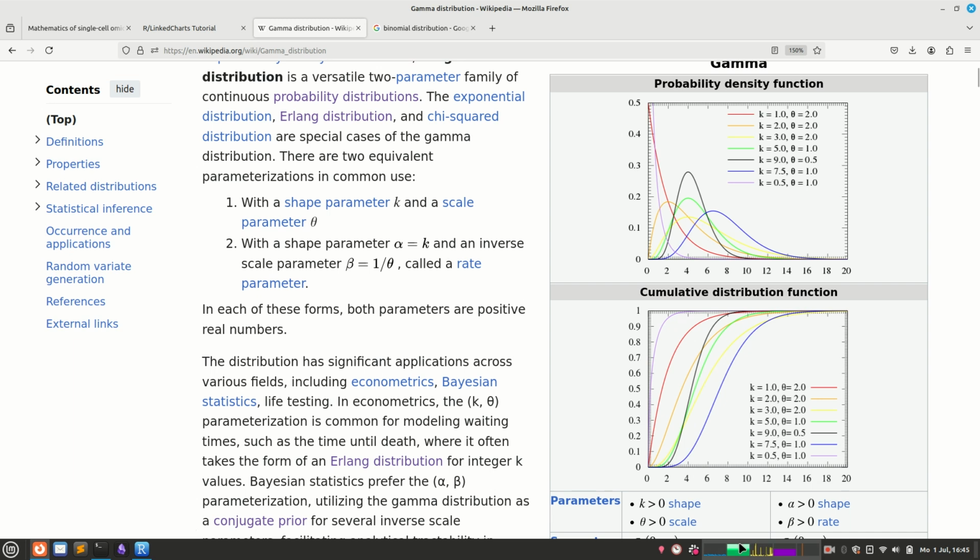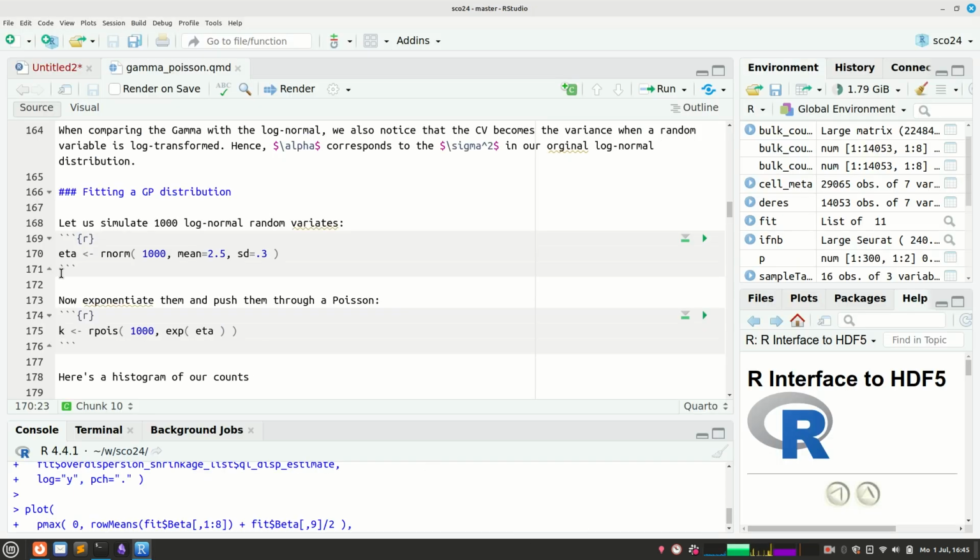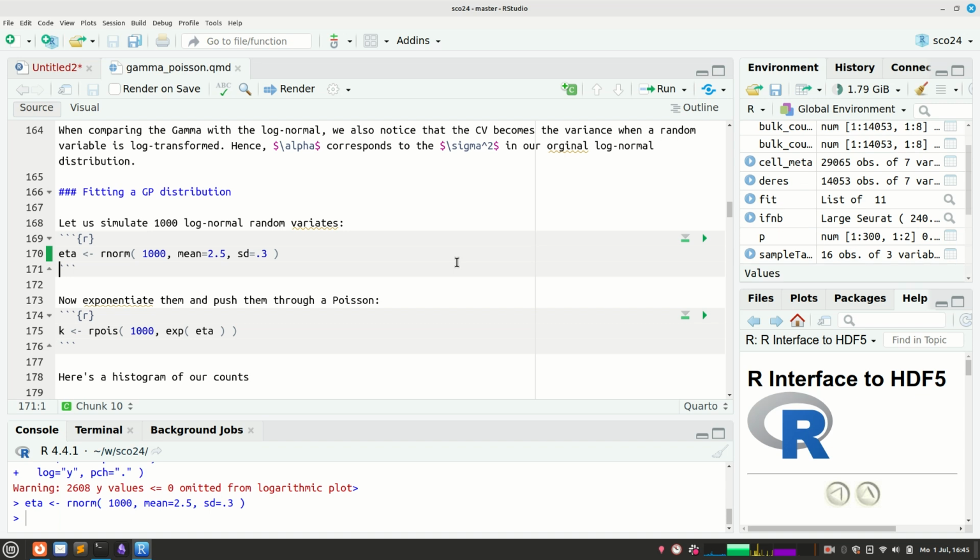But just to convince us that this actually works, I will simulate drawing from a log normal Poisson, and then we'll try to fit a gamma Poisson and see if I still get the correct parameters. So I simulate 1000 values from a log normal with mean 2.5 and standard deviation 3.